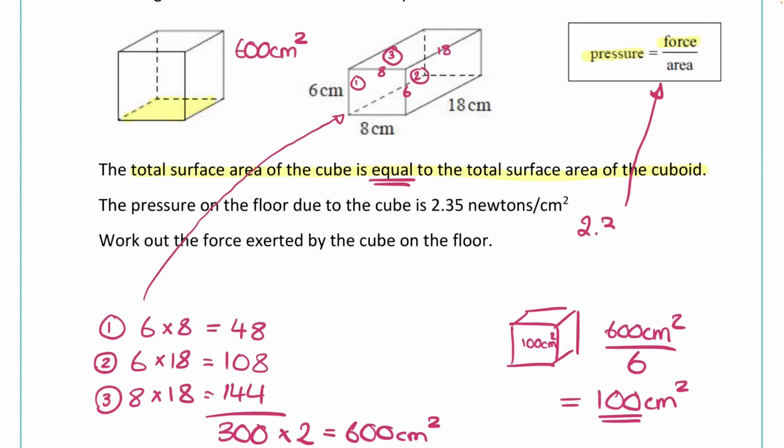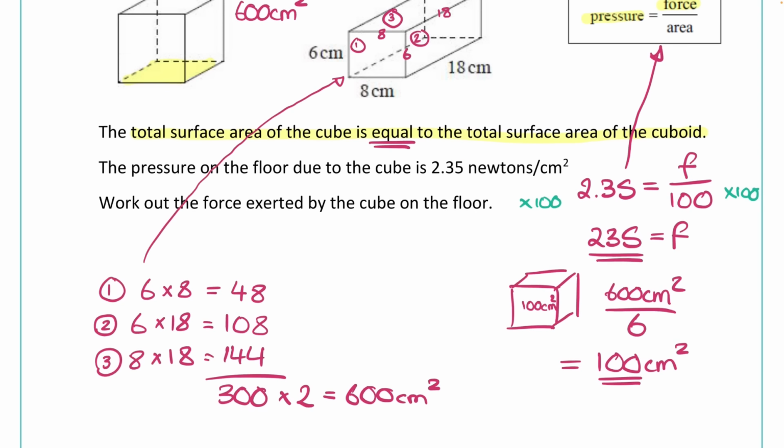So 2.35 is equal to the force over 100, the area, and we just need to rearrange that, so times both sides by 100, and we get that 235 is equal to F, and that is our force. So our force there is 235 newtons. So a relatively nice one.